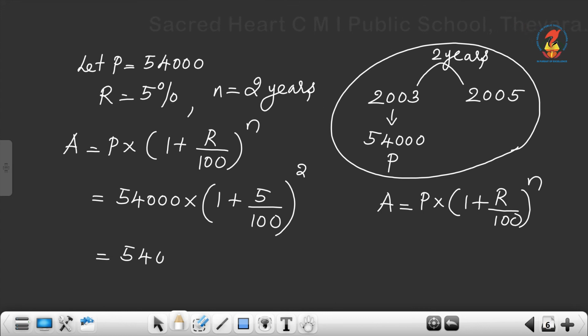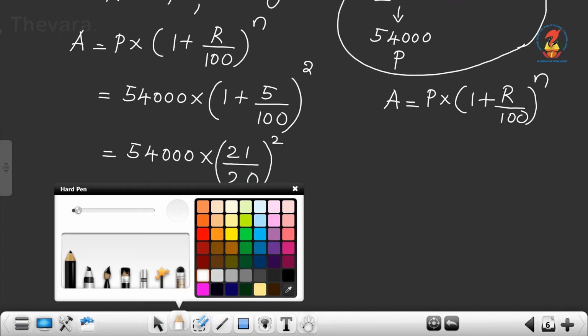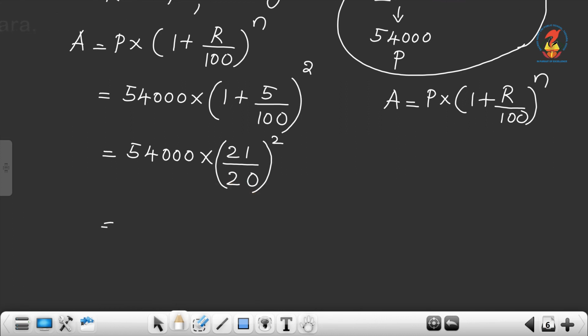So 5 by 100 is 1 by 20, and 1 plus 1 by 20 will give you 21 by 20 whole raised to 2. So which is equal to 54,000 into 21 by 20 into 21 by 20.